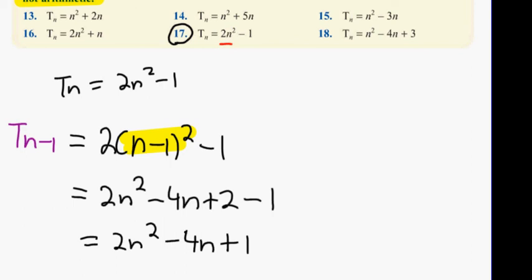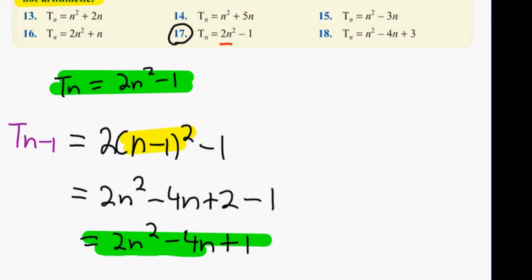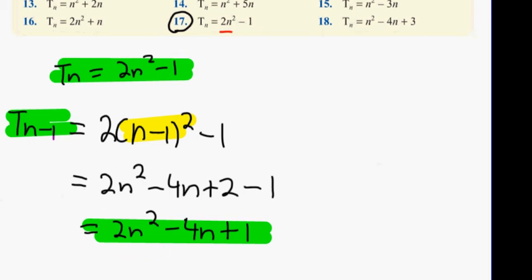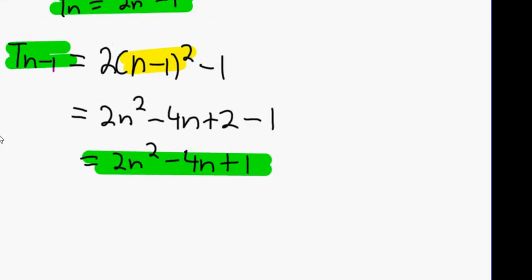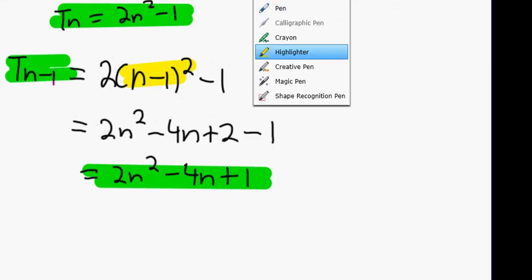Can anybody tell me what do I have to do with this answer here and this answer here? We have to take them away from each other. And if the answer isn't a regular number, we prove that it's not arithmetic. Okay.